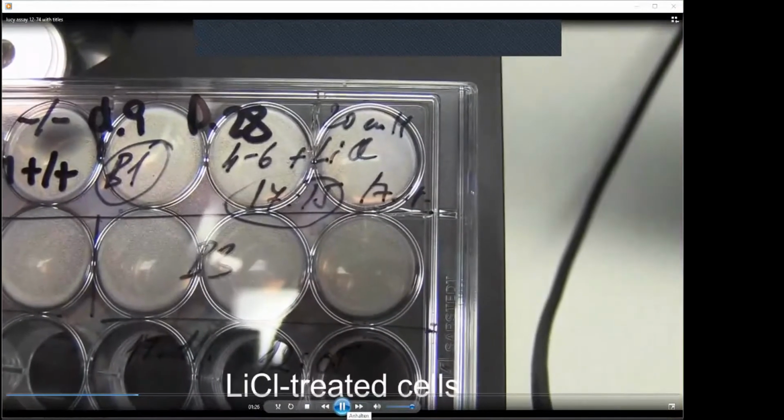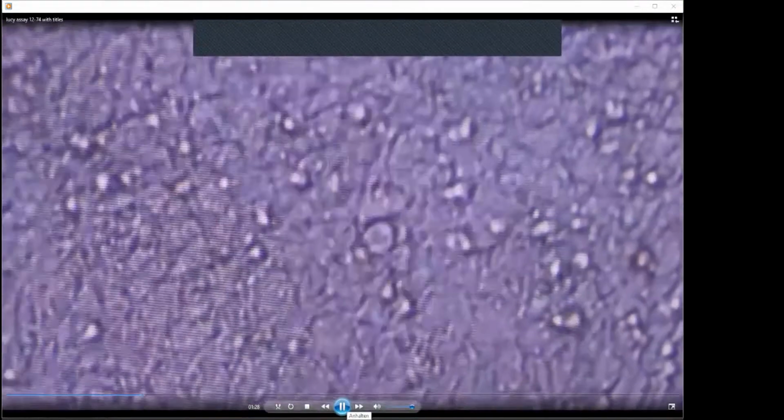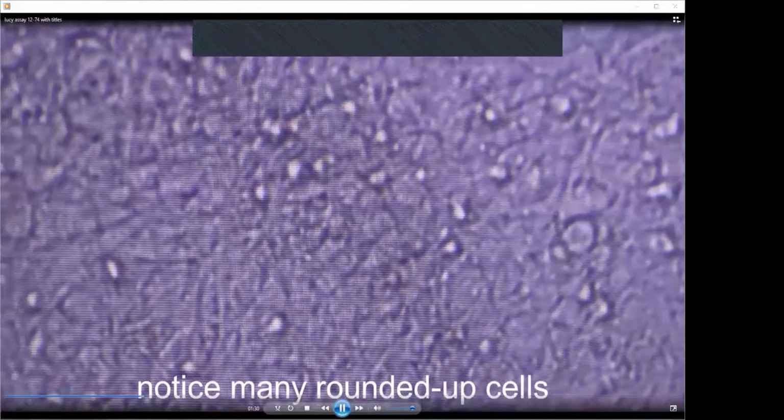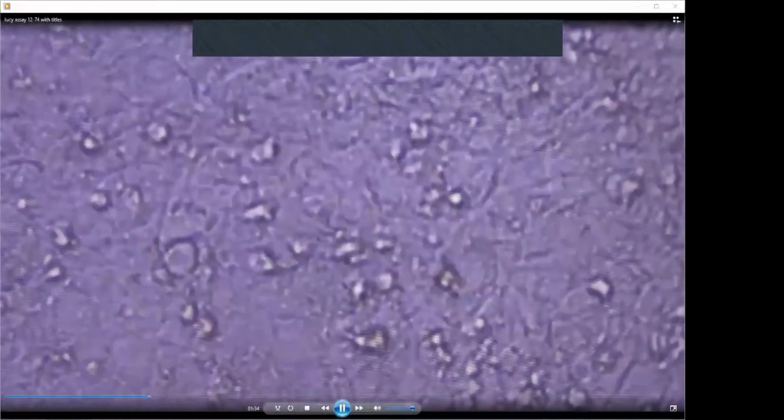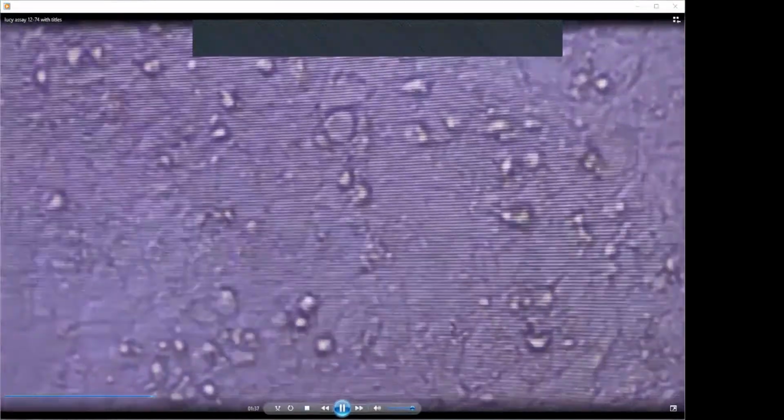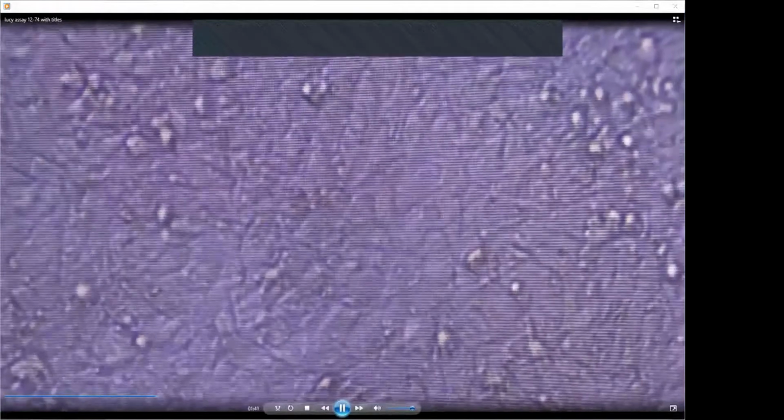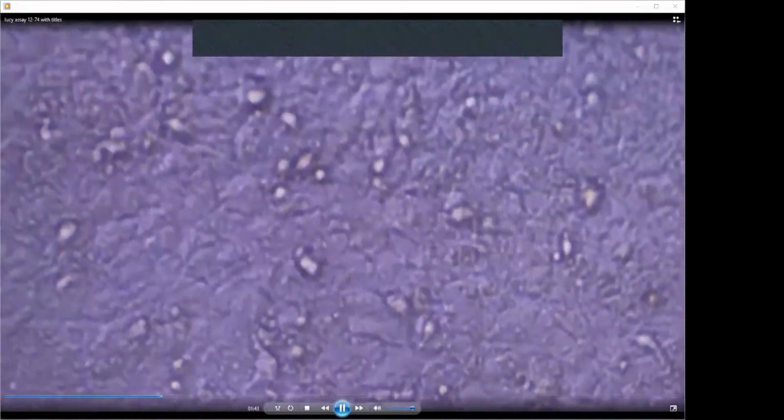Always check cells at different regions, up and down, so if it's more than 1 layer. Here, lithium chloride treated cells, you see more of these rounded up cells, so they are not so healthy. That's the difference between these 2 samples.